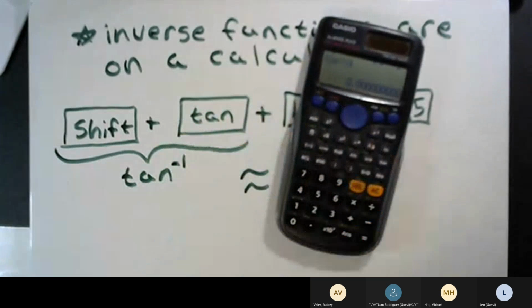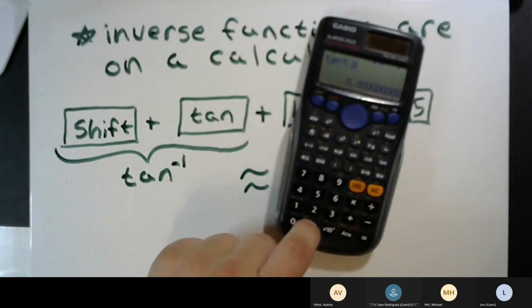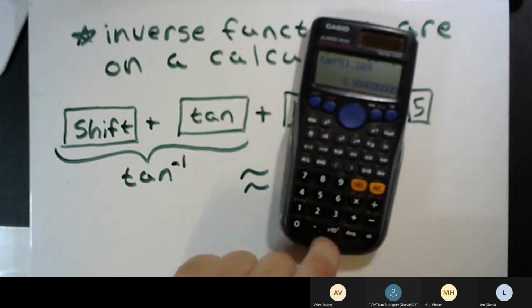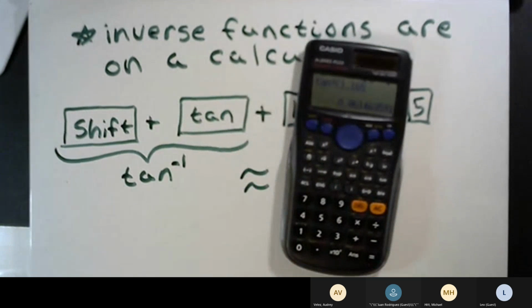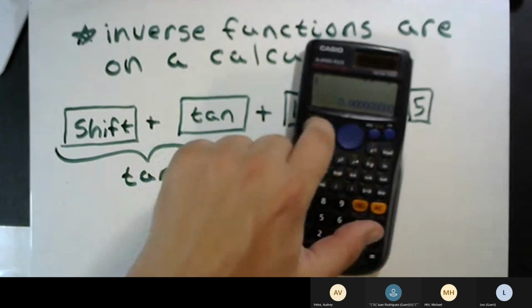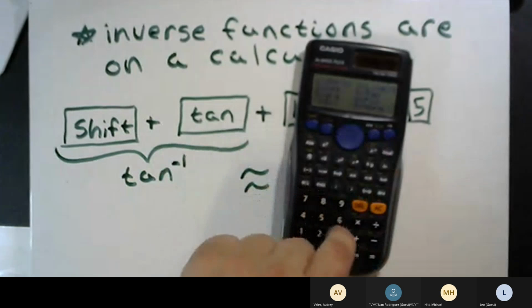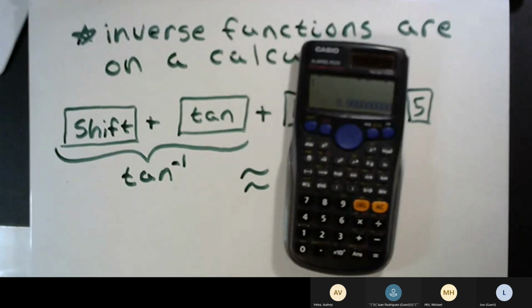So Shift tangent 1.165 equals, and that's approximately, oh, but I gotta be careful. I'm in radians. They're looking for degrees. Oops. Let me go back and go to setup, hit 3 for degree. I still want to make sure I'm in degree mode.